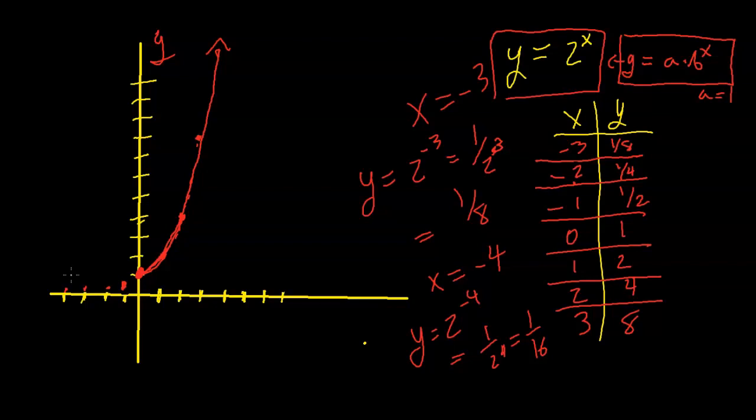So what happens as you go to the left on your x-axis, as your x values decrease or become more and more negative, is the value of the function begins to get very small, but it never actually hits zero. It's never going to hit zero because you can never raise a number to a power to get your output to be zero, right?